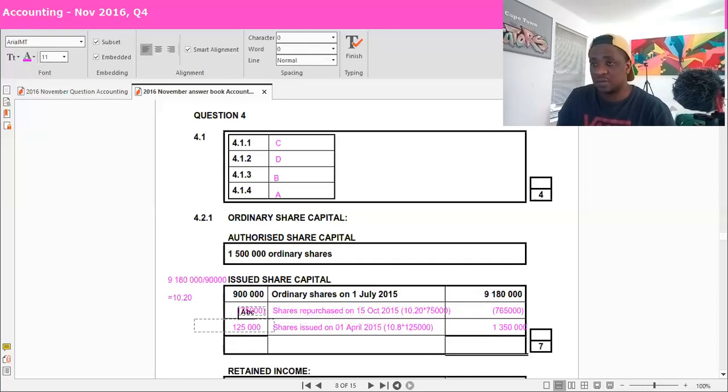1,350,000, and then you just have to calculate the total. 900,000 shares minus 75,000 shares plus 125,000 shares would give you 950,000 shares.